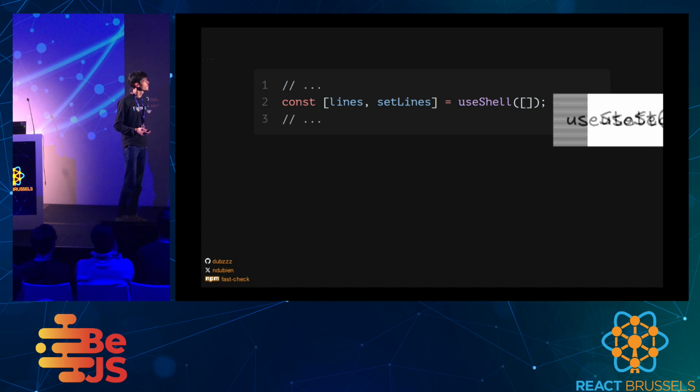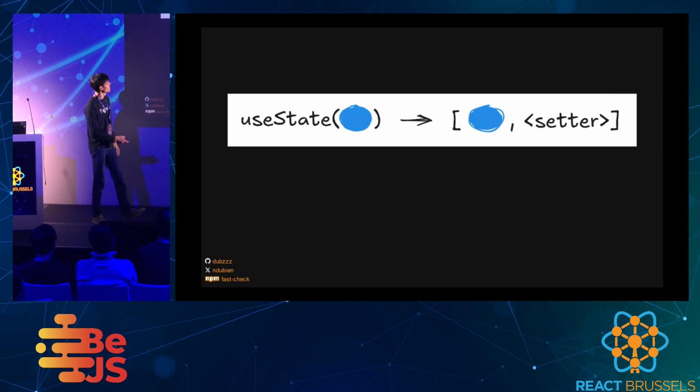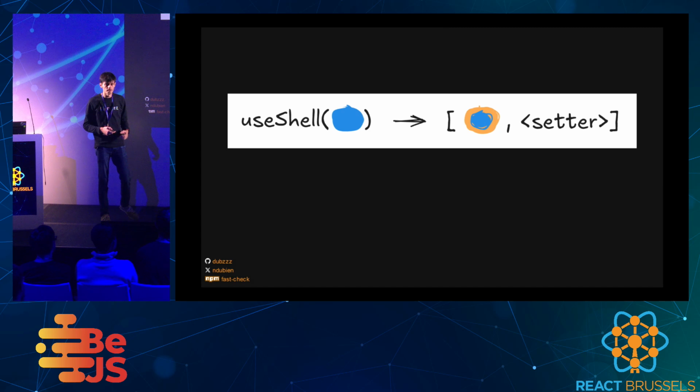I will just explain to you what useShell is about. So useState is something simple. It's taking an initial state and returning this value plus a setter. When you play with the setter, it updates the value, plus it asks React to re-render the component, plus the children, etc. Our useShell will be a bit different.